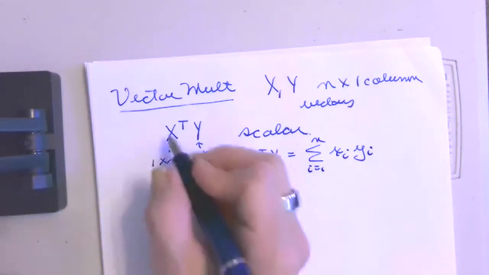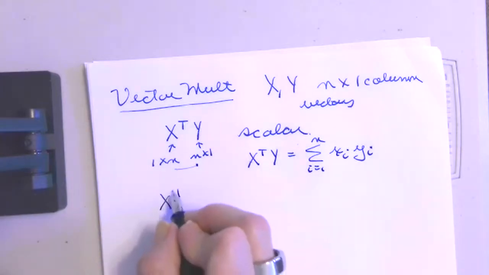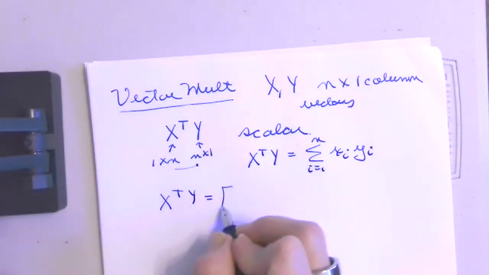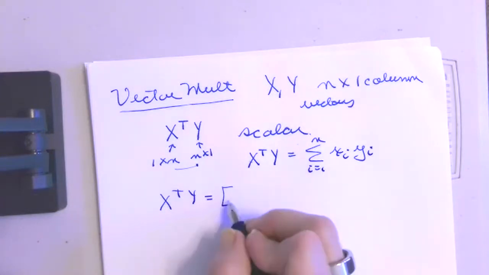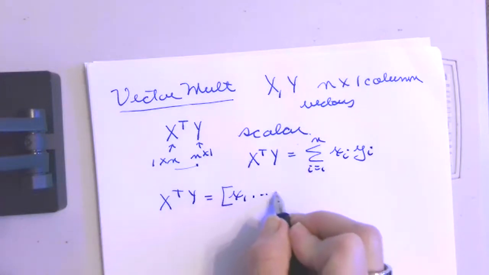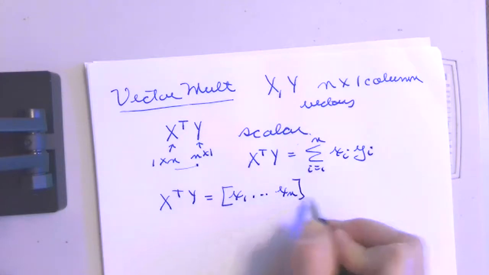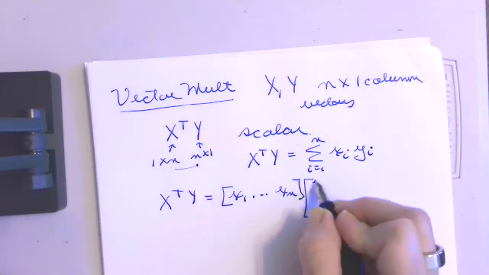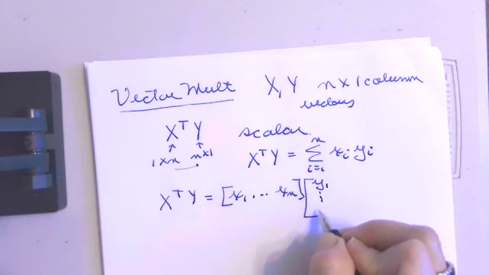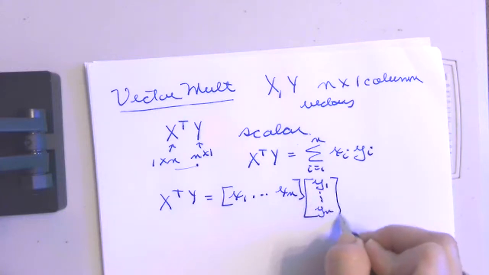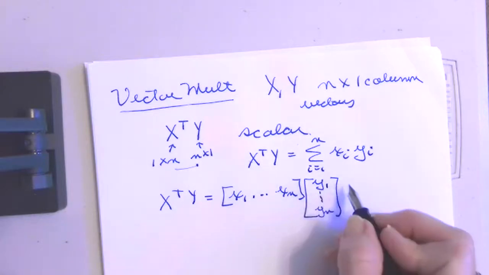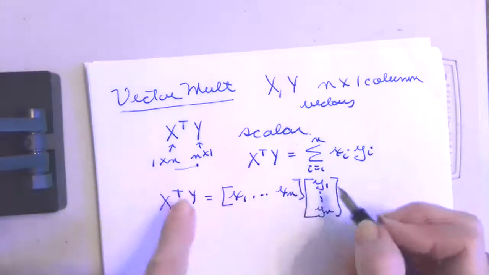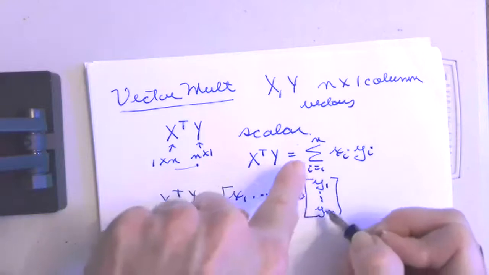And if you think about that, that's because X transpose Y is going to be, if we think of X as the column vector x1 up to xn, then here is X transpose. And if Y is the column vector y1 up to yn, here is Y. And so now when I multiply, I take the row and I stand the column up next to it.